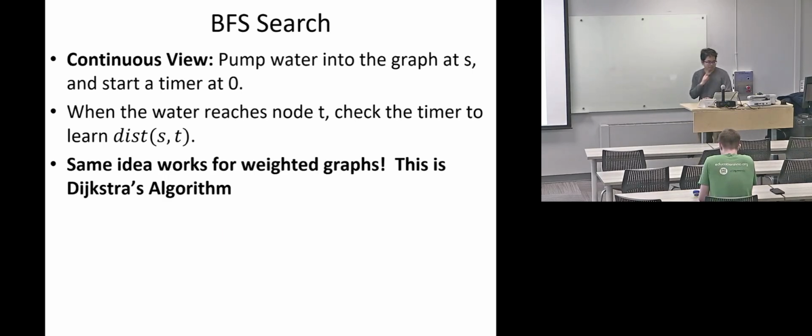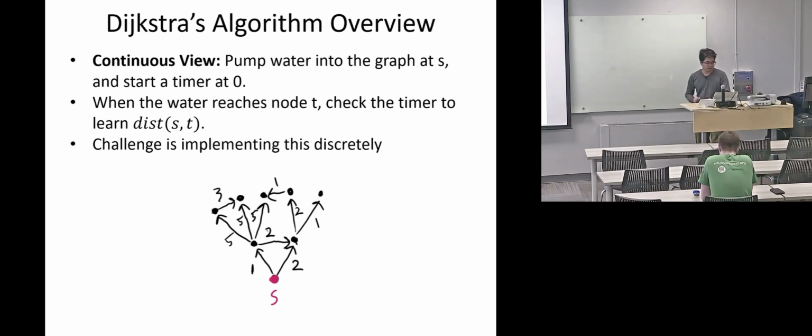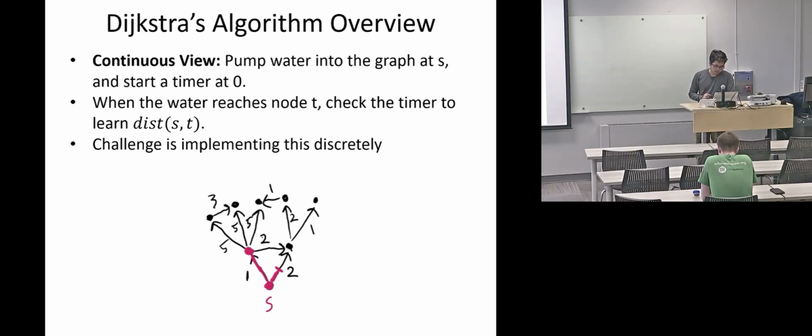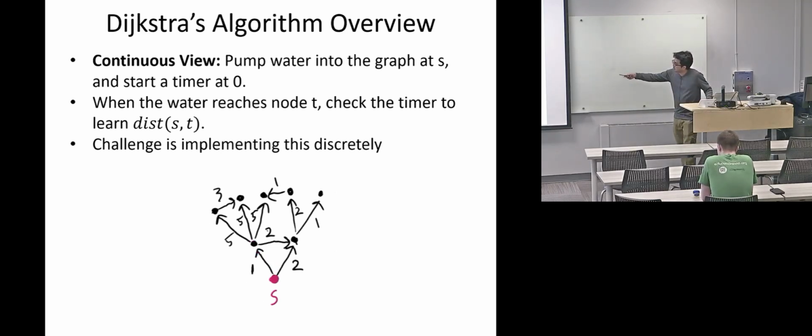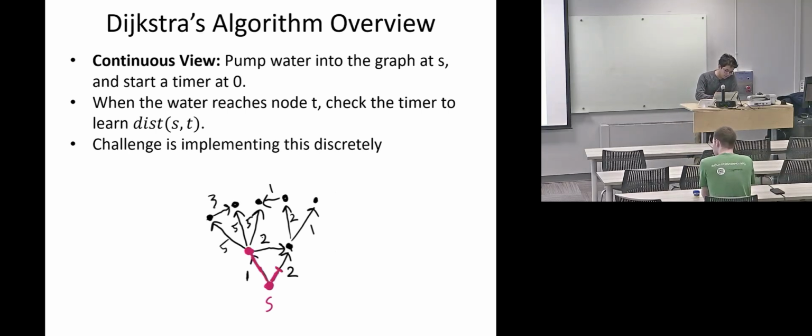The same idea works in a weighted graph, and that is exactly what Dijkstra is. Just imagine that the graph is now weighted. You spend 1 unit of time, 1 second, and the water reaches this node, but along this edge the water would only reach half of it.